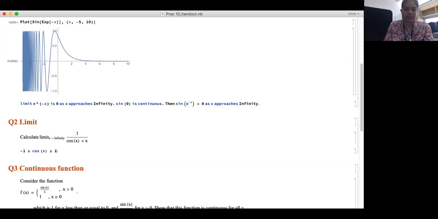If you add an x here, that would be plus x, would be plus x as well.